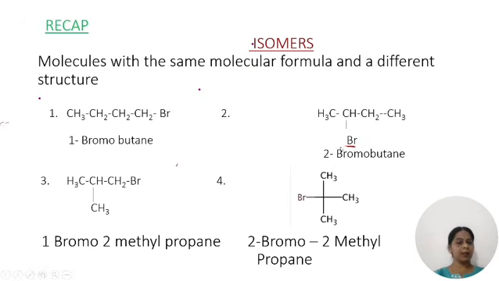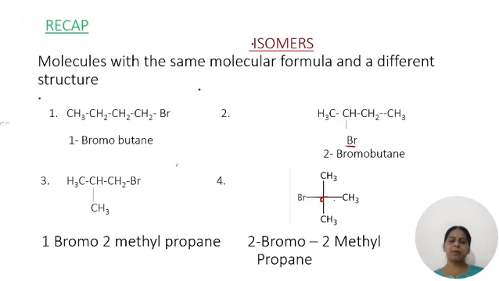In the first structure Br is shifted, in the second structure the methyl group is shifted, and in the fourth structure both substituents, CH3 and Br, are shifted and attached to the second carbon, because at this point, the point of intersection also has one carbon. So here this is a carbon, this is a carbon, this is a carbon. This is the substituent and this is the substituent.